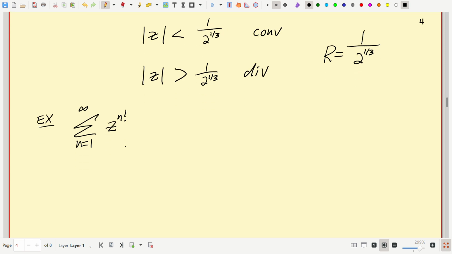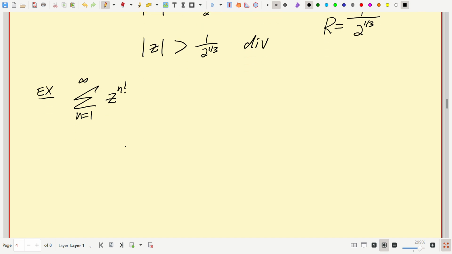A lot of the coefficients a_n are 0 because n factorials start spreading out like crazy. And so we see here that a_n is equal to either 1 or 0. It's equal to 1 when n is equal to some factorial, and otherwise it's equal to 0.